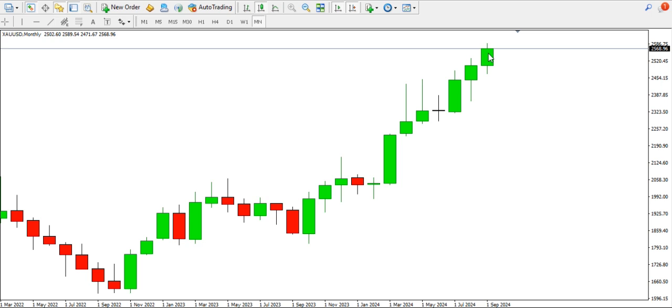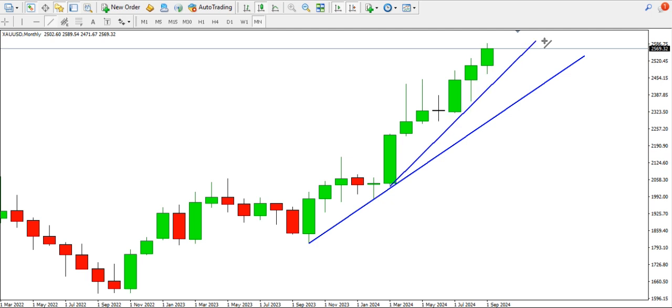Aside from that, looking at the trend line, you can see that the ascending trend line is still bullish, tested around here. There's another trend line formation around here, which is steeper, showing that the bullish momentum is still strong.